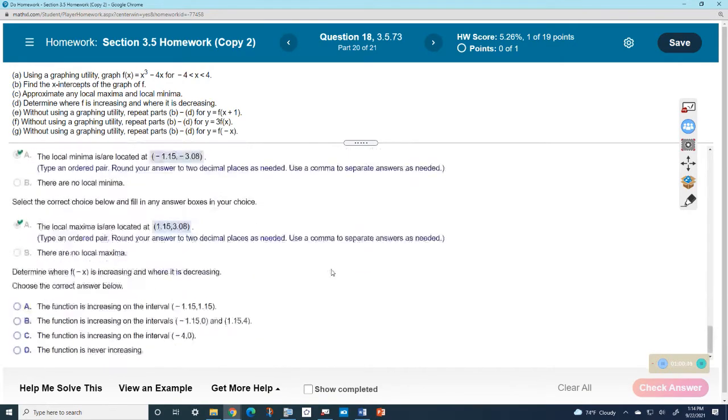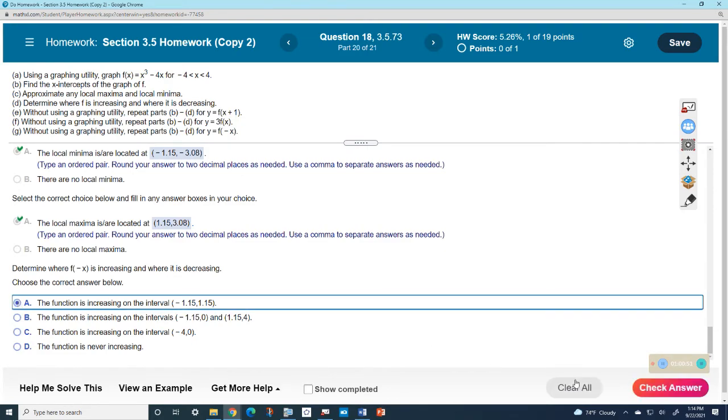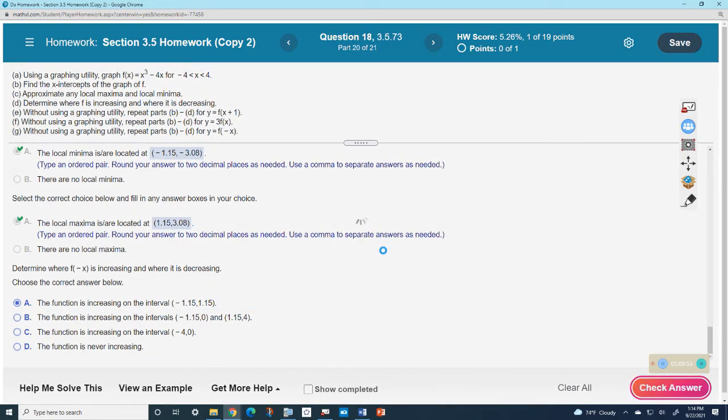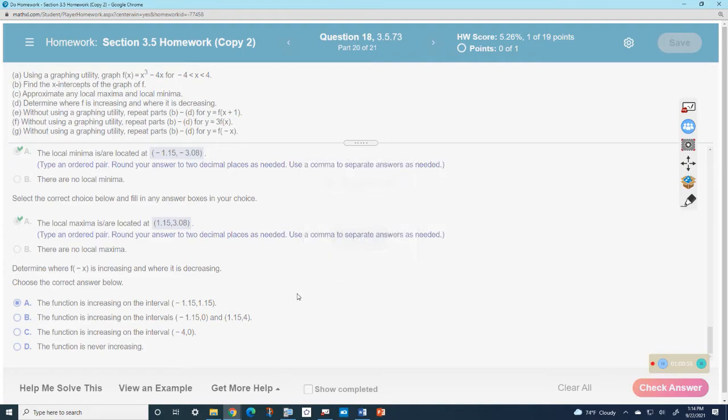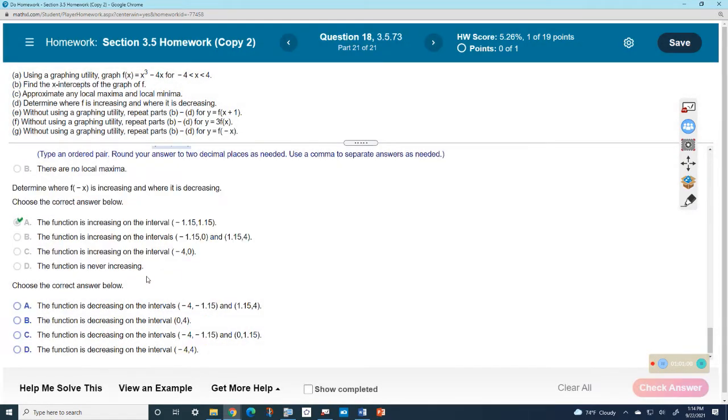My interval of increase is what my interval of decrease was, which was negative 1.15 to positive 1.15. And my interval of decrease is what my interval of increase used to be. That's going to be negative 4 to negative 1.15 and 1.15 to 4.